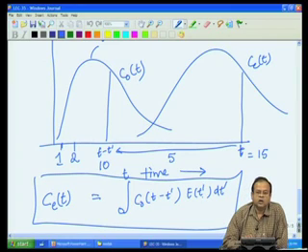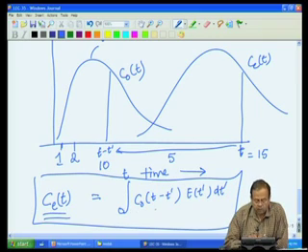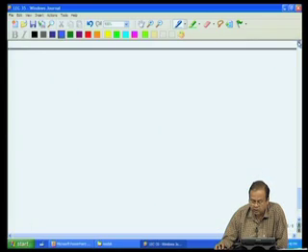And since I am looking at all such possibilities, I will write this as an integral. What comes out of my reactor, C e of t, is adding up all those contributions from material which is put in at t minus t prime and having spent time t prime in the reactor, and this is what we call a convolution integral.